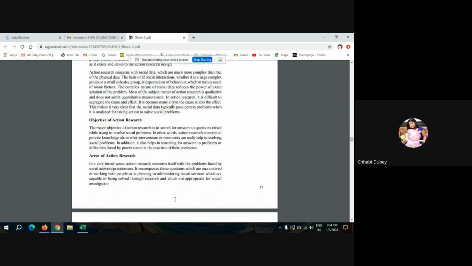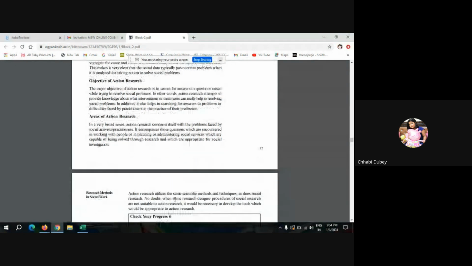Now, what are the areas where you can use action research? It is a very broad area. It concerns itself with the problems faced by social practitioners or social activists. It encompasses those questions which are encountered in working with people or in planning or administrating social services.